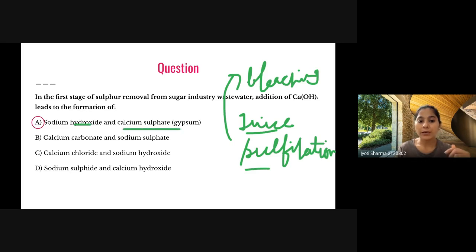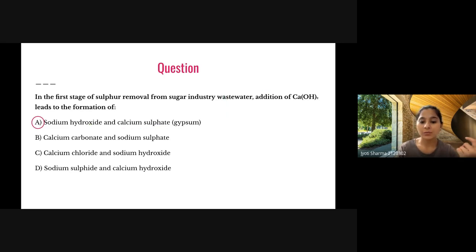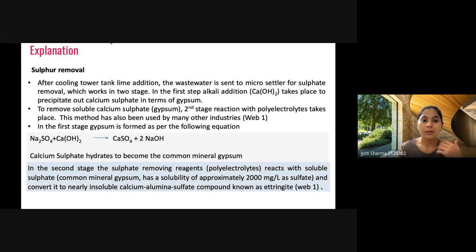So this is how we can remove sulfur from the wastewater. Here you can see that sulfur will be in the presence of sodium sulfate, and then we have the calcium hydroxide, and this will give you the calcium sulfate, that is the gypsum, and sodium hydroxide. So this is the first step to remove the sulfur.